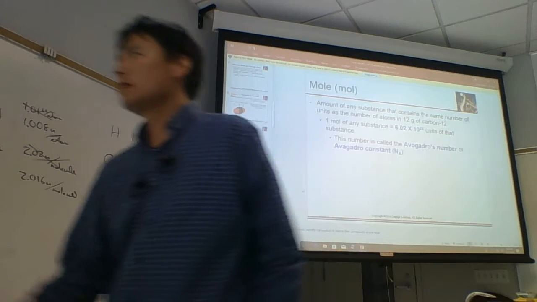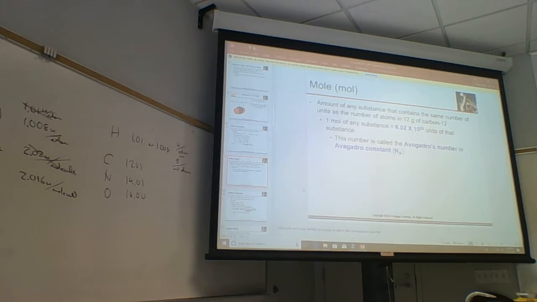And so where did this come from? Well, the way this was defined is like this. This is kind of a thought experiment. If we got exactly 12 grams of carbon-12, pure carbon-12, with no carbon-13 and no carbon-14, it consists of a lot of atoms of carbon-12.